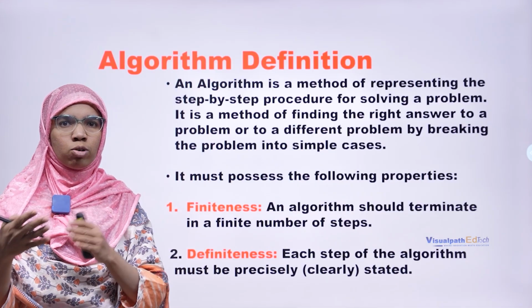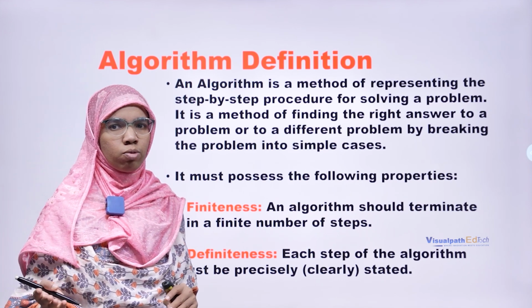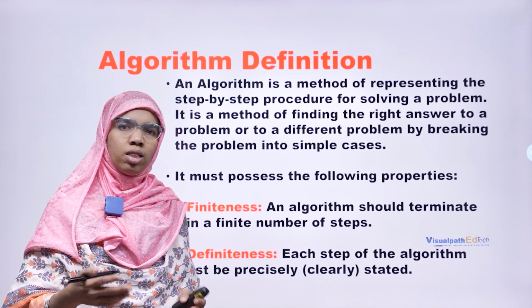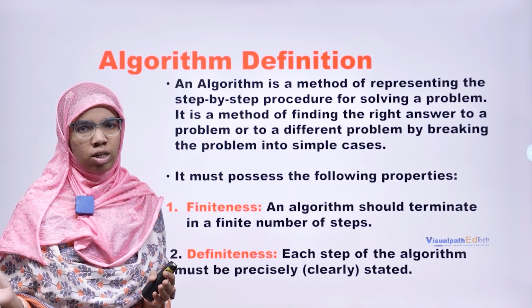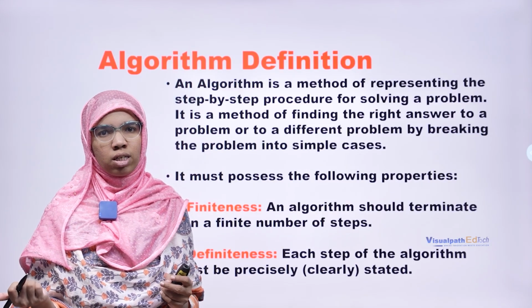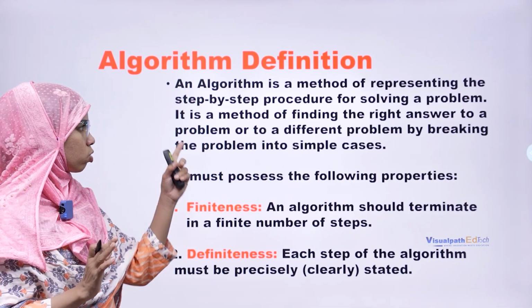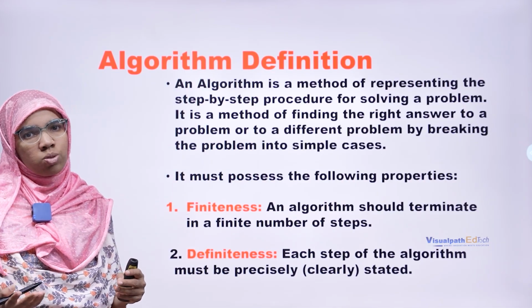You first of all come out of your home, take the respective means of traveling, then you will take so many directions for moving on to the destination, and finally, you will reach your destination, that is your college. So that is a step-by-step process that is helping us to solve the problem.